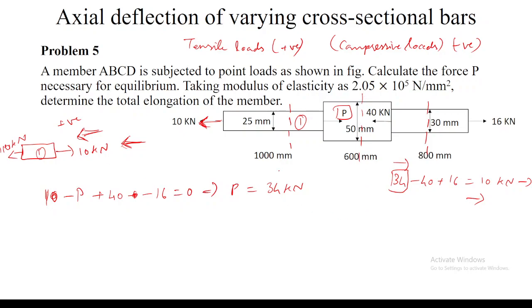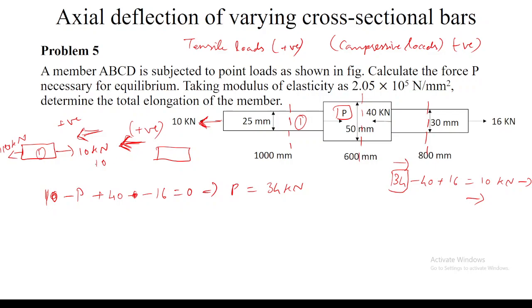Now coming to member 2, again what is the value of force acting on this side? 10. Whatever forces act here are positive.